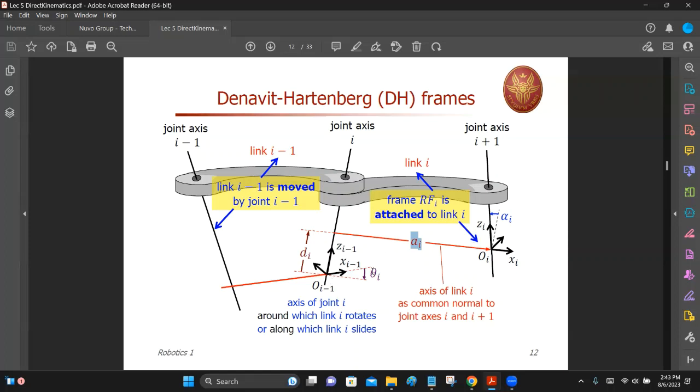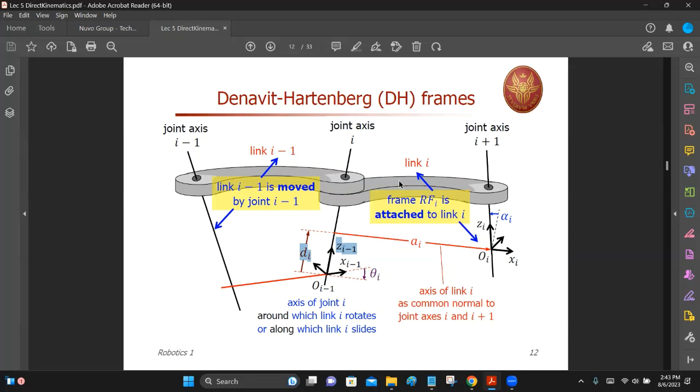So far, we have considered the angle and the displacement. That is the two parameters of a joint. Now, this is the description of a joint. What the joint does, it turns link I with respect to link I minus 1, right? And also it displaces link I with respect to I minus 1.